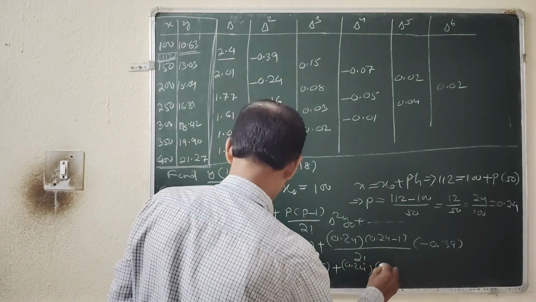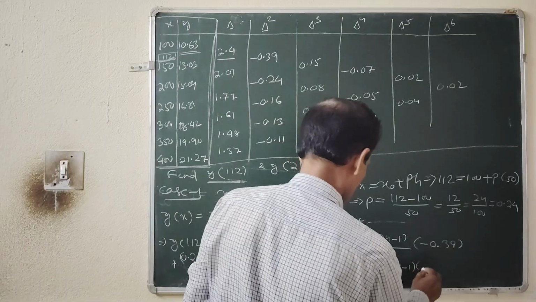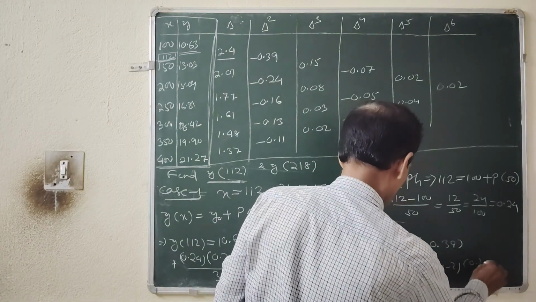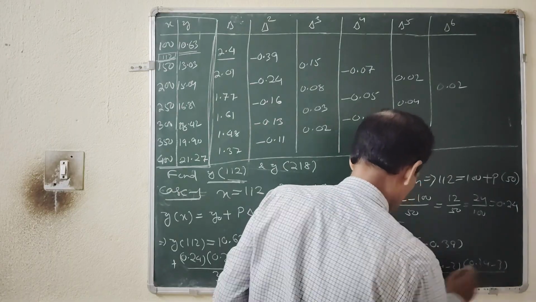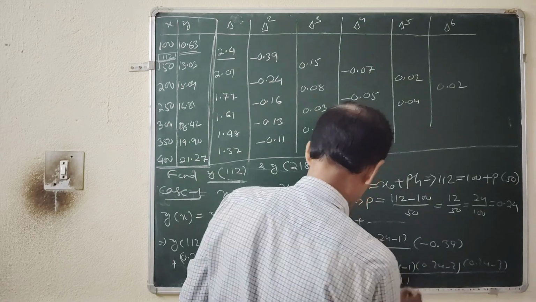Plus, then again 0.24 into (0.24 minus 1) into (0.24 minus 2) into (0.24 minus 3). We are considering 1, 2, 3, 4, so it is 4 factorial.